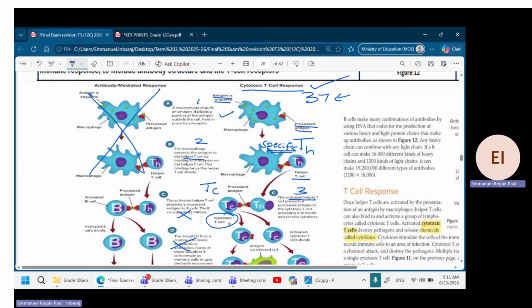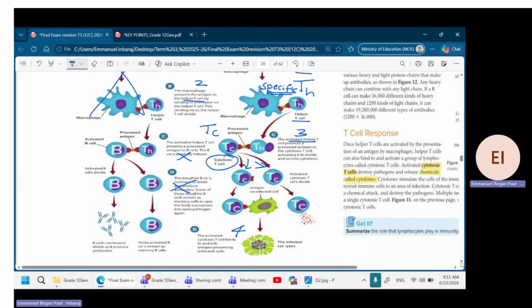What will the cytotoxic T cells do? They will divide. That means they are multiplying. So one cytotoxic T cell is now becoming 2 cytotoxic T cells. So now you see activated cytotoxic T cells divide. Then what will they do? After dividing, they release a chemical.